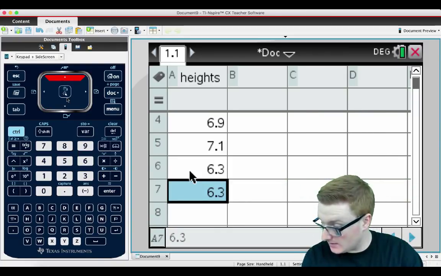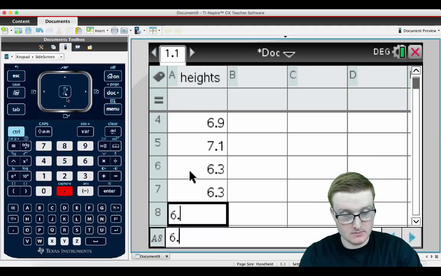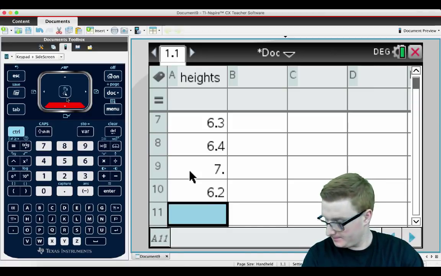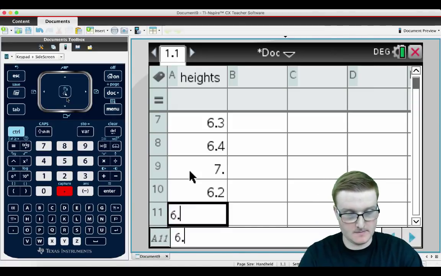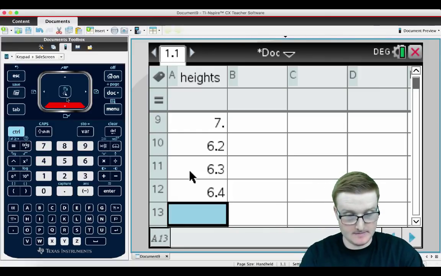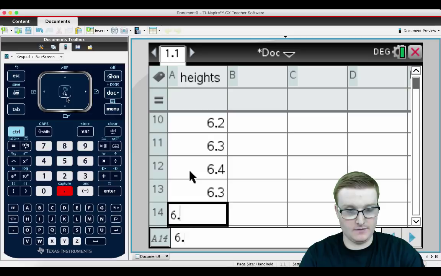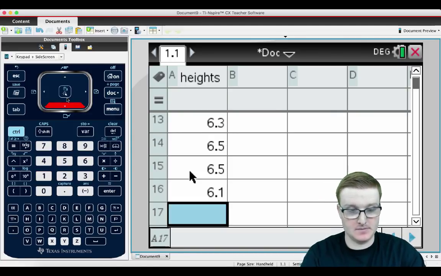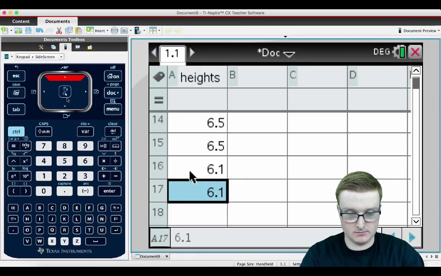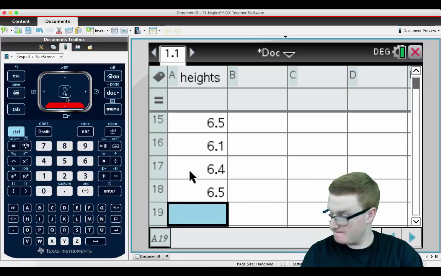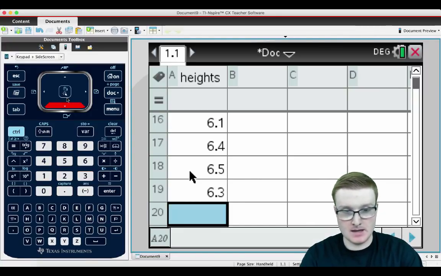So that's certainly a pain for you. 6.4. 7.0. 6.2. 6.3. 6.4. 6.4. 6.3. 6.5. 6.5. 6.1. 6.4. 6.5. 6.3.